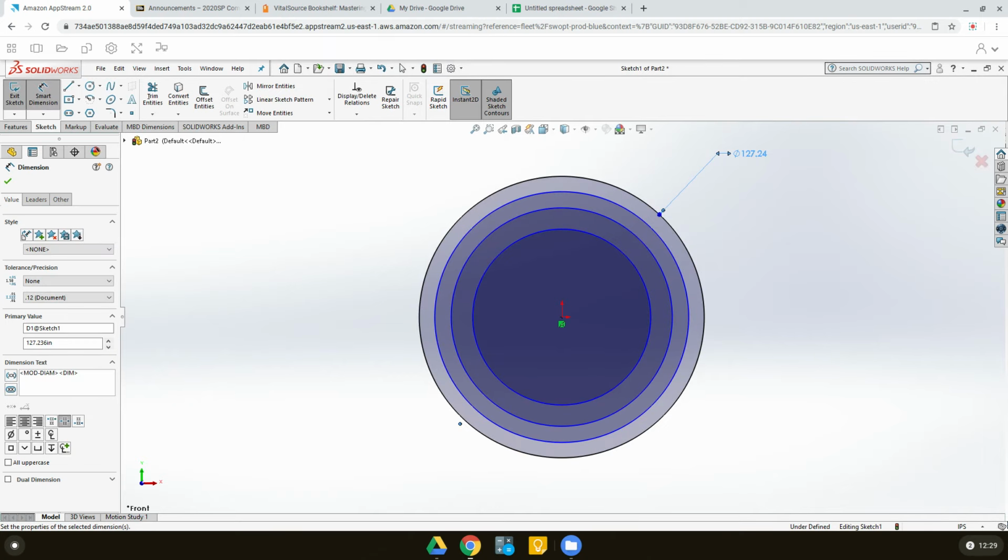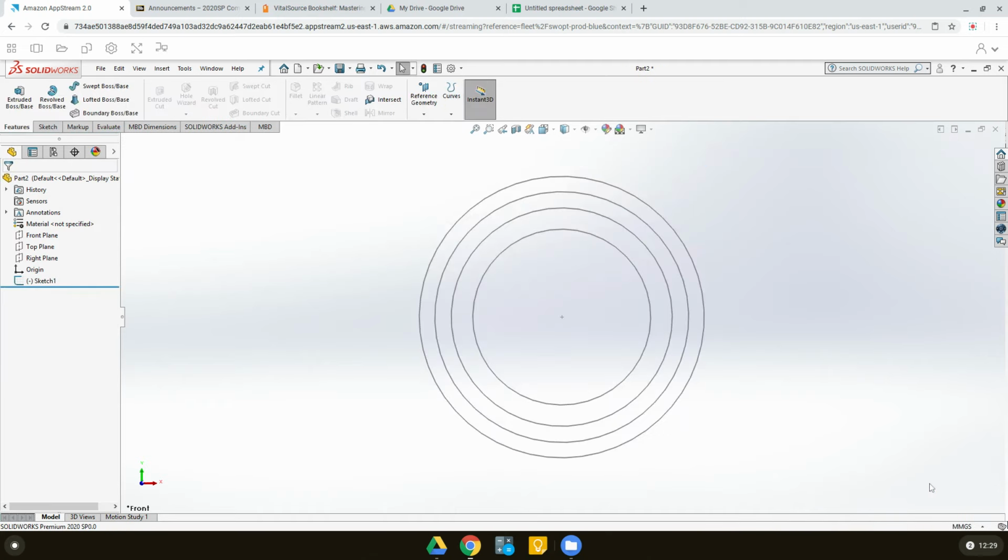I guess I made one mistake that I would like to correct. This problem is in metric units, and my dimensions here are in IPS. So I gotta go ahead and change that, make it MMGS, and that brings you out of the sketch mode.